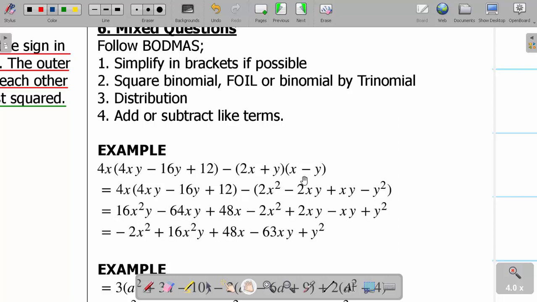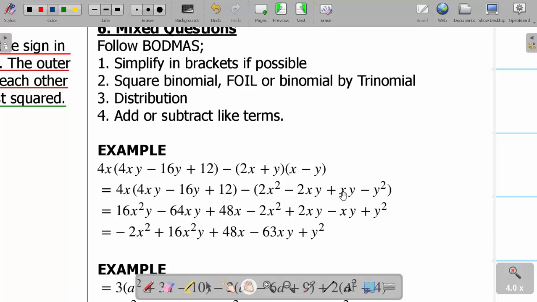Then y times x gives us xy, then y times minus y gives us minus y squared. Now multiplication: I have 4x times 4xy giving me 16x squared y, and then 4x multiplied by negative 16y gives me negative 64xy, and then 4x times 12 gives me positive 48x.